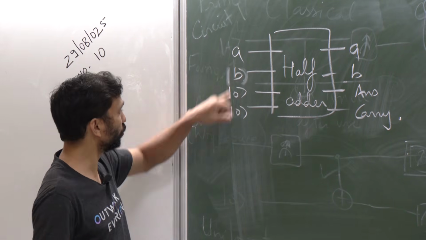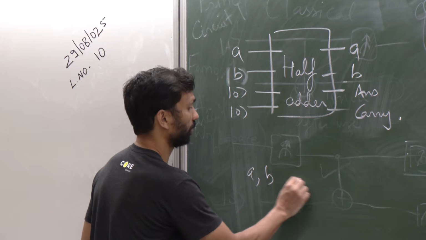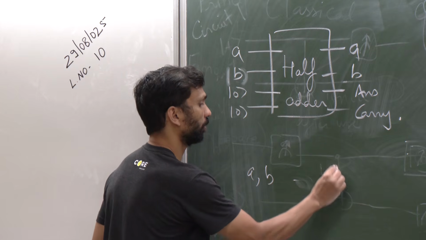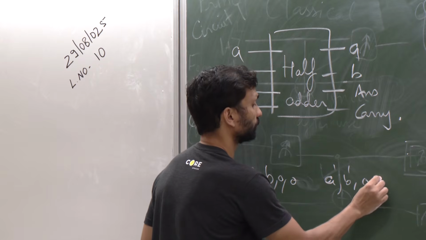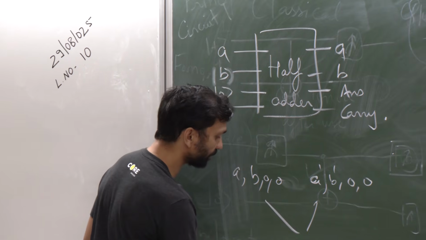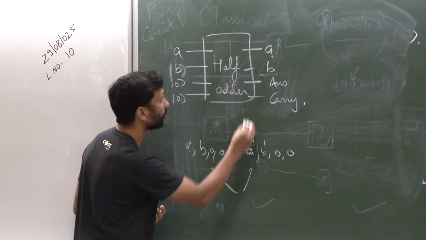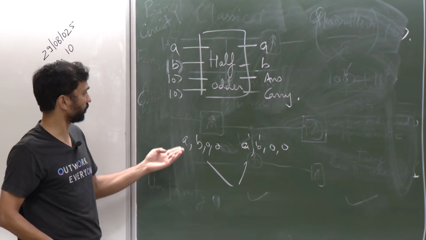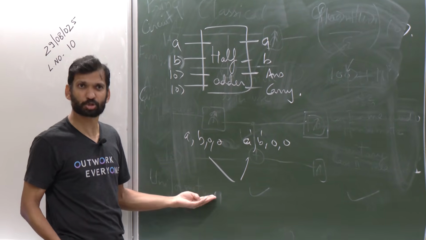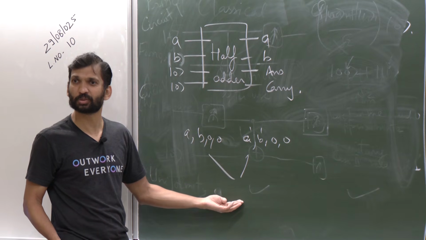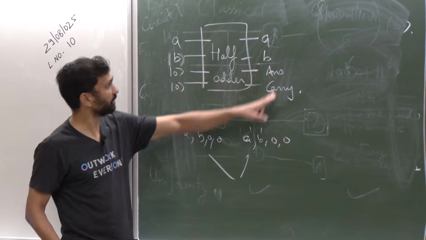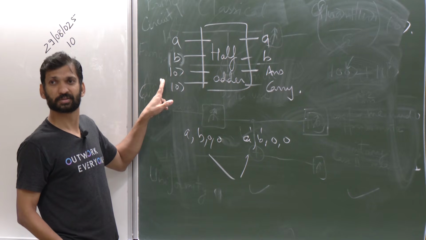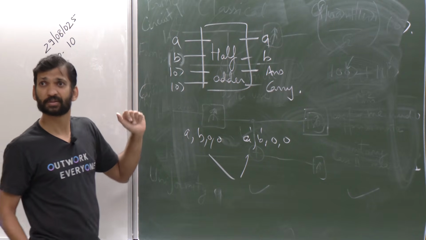No two different inputs can map to the same 4 numbers, obviously, because if A, B and A prime, B prime are different, the first 2 qubits will be different, leave alone the other 2. Right? And knowing these, I can come up with these.